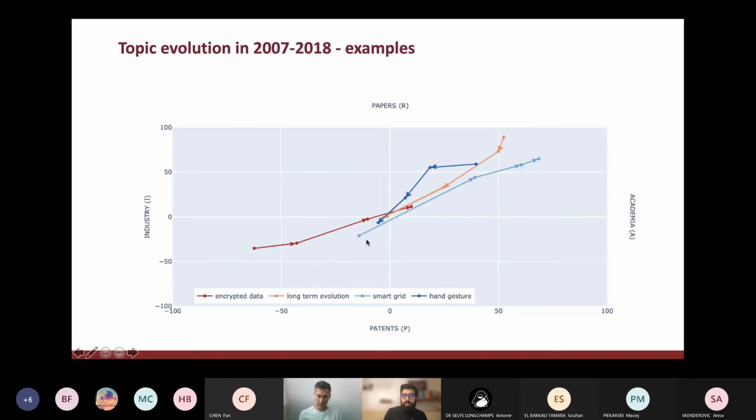The same applies to smart grids, and to long-term evolution, the LTE protocol, the 4G protocol that we have in our phones. At the beginning it was a purely academic topic written up in papers, but once it became mature, it became a topic to be patented, and then people can commercialize stuff with it.